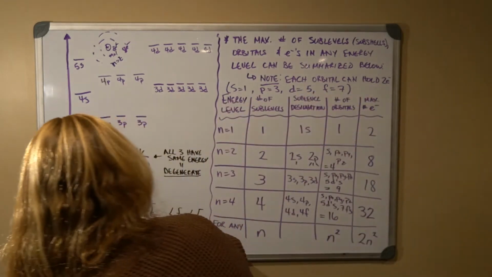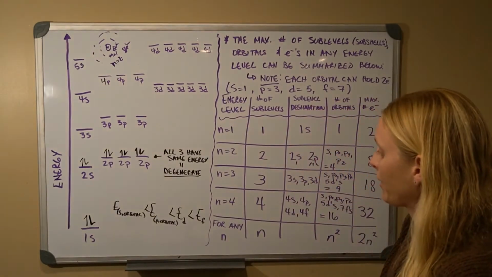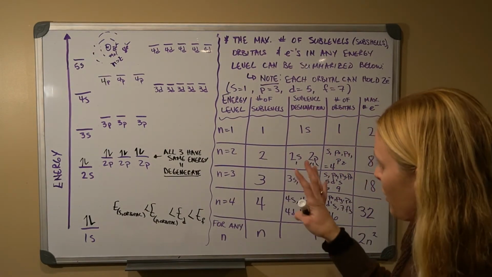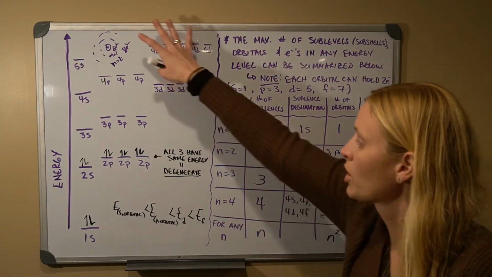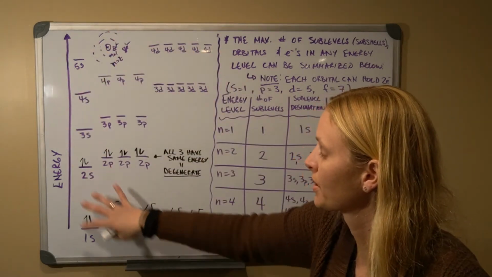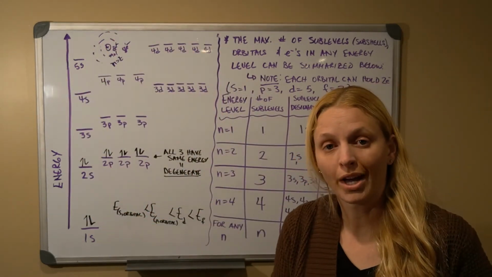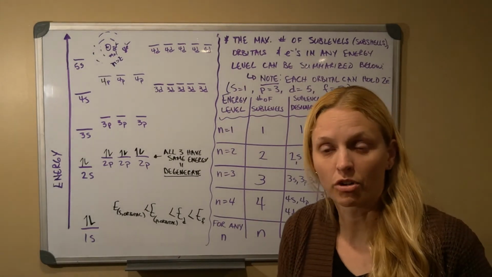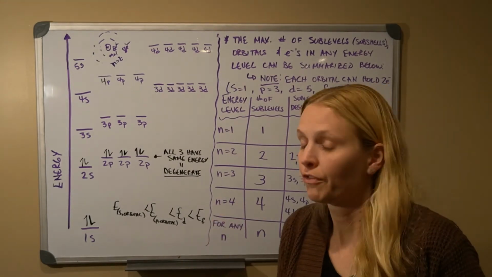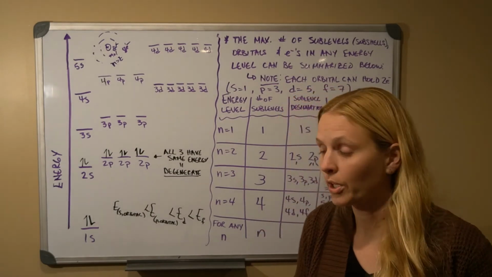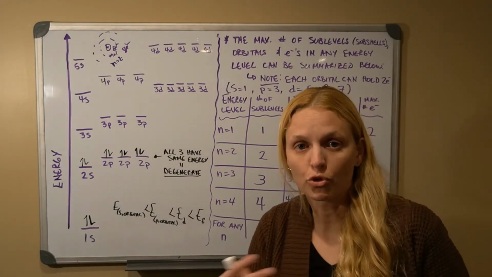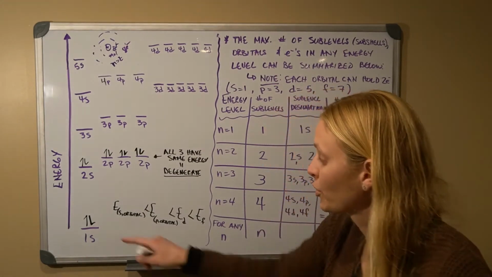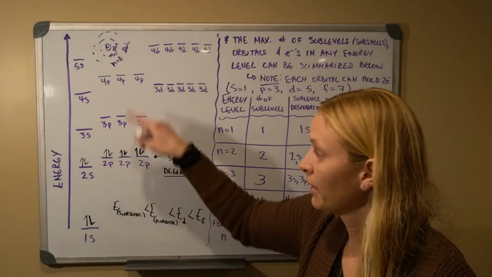Okay, so I think that's pretty much it for right now for this. We will come back and continuously use this energy diagram because it will help us in filling and determining electron configurations. When we figure out electron configurations, you may recall from high school chemistry, you have 1s2, 2s2, 2p6, 3s2, 3p6. That's what we're doing here. We're filling these energy levels.